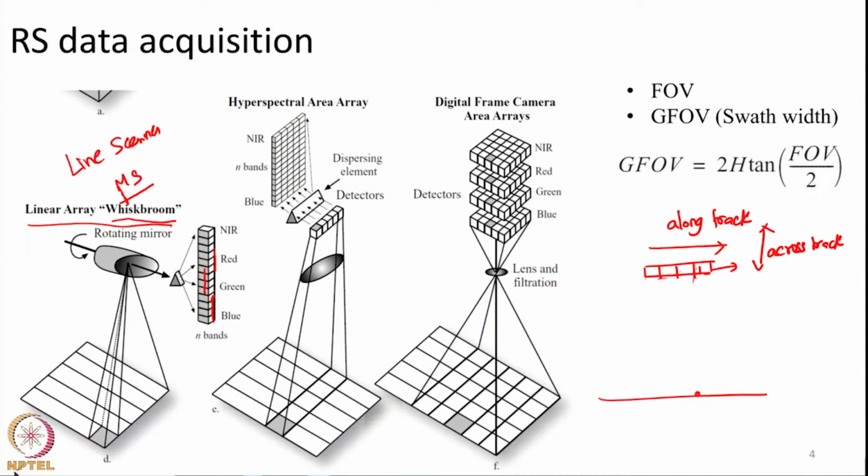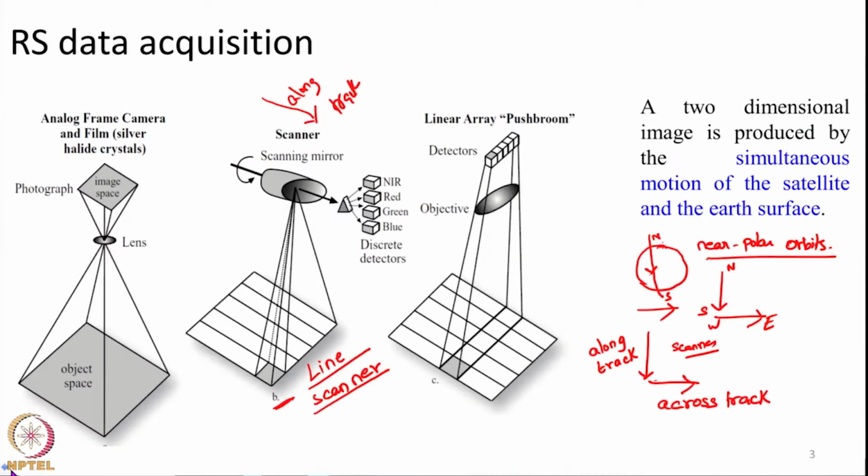In order to overcome this, people thought, instead of having detectors in the along track direction and putting them in the form of a scanner, can't we change this orientation? Because first of all, the time of data collection is very small, in the order of microseconds, and also as the scanner is moving, there will be a lot of geometric distortions.